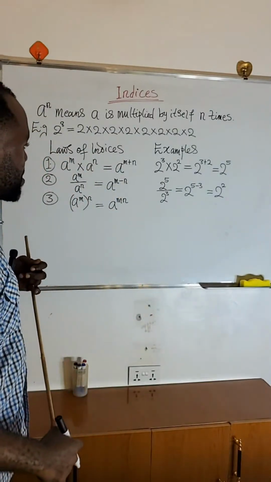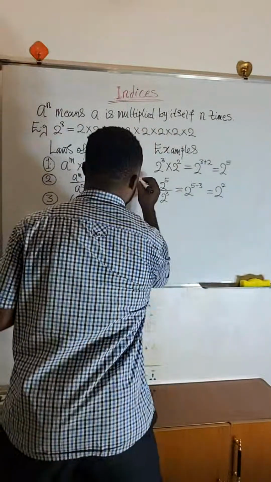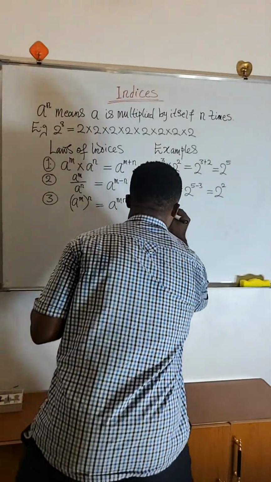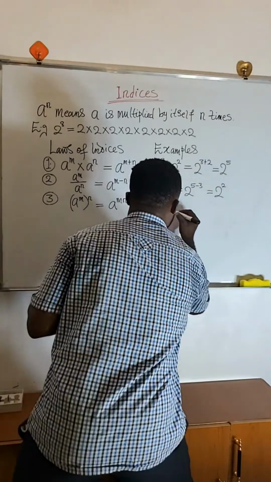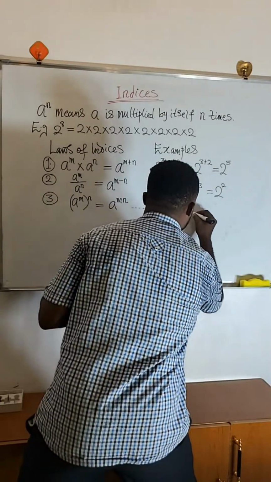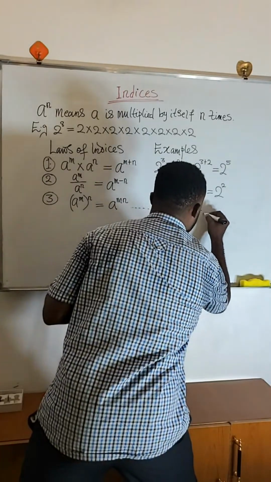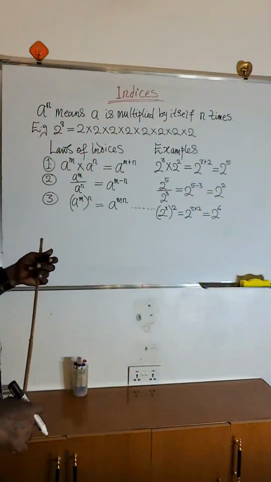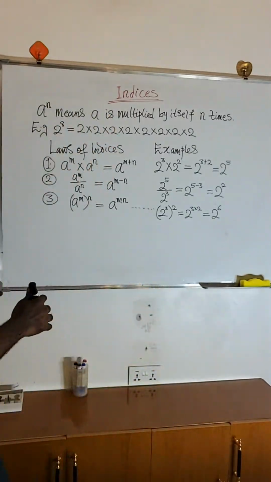That will be by example if you have 2 raised to the power of 3 in bracket raised to the power of 2. That will be 2 raised to the power of 3 times 2. And that will be 2 raised to the power of 6. Can you see that?